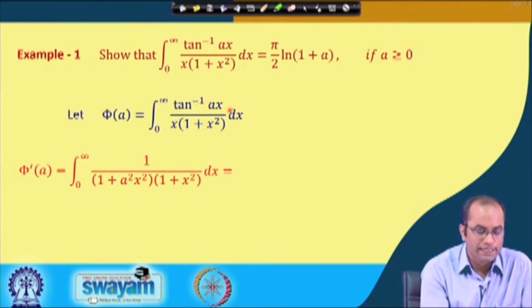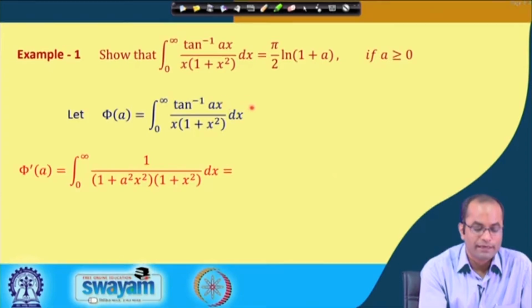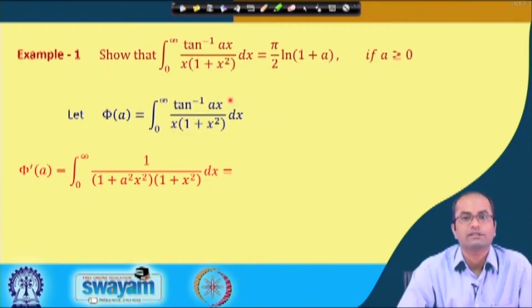So, the derivative of tan inverse a x will be 1 over 1 plus a square x square, and then the derivative of a x with respect to a will be x. So, there will be a term x in the numerator and there is a term x in the denominator, so this x will get cancelled with that x.